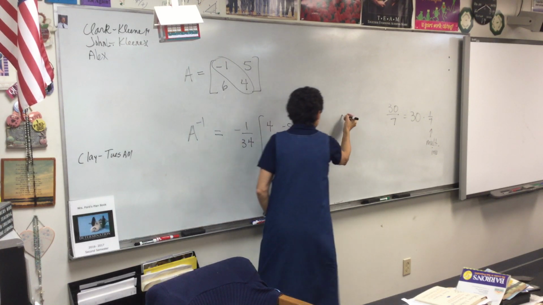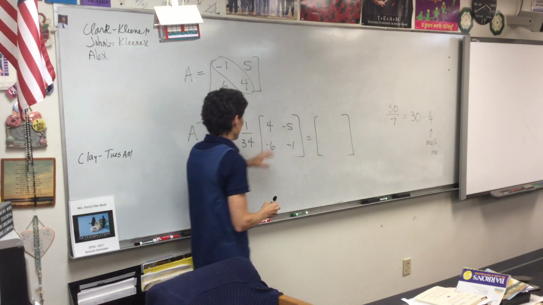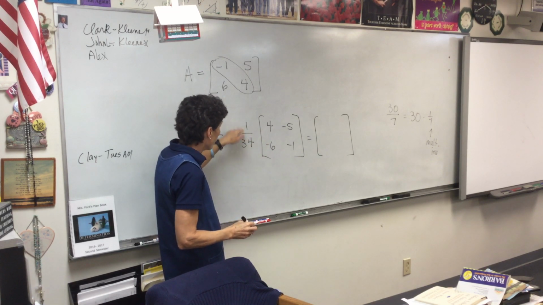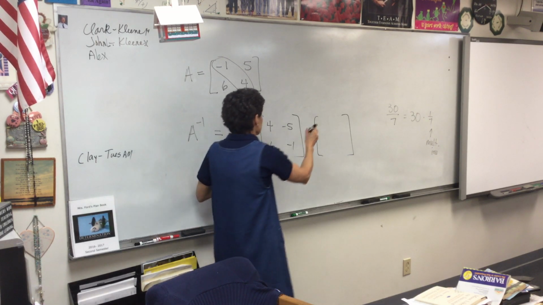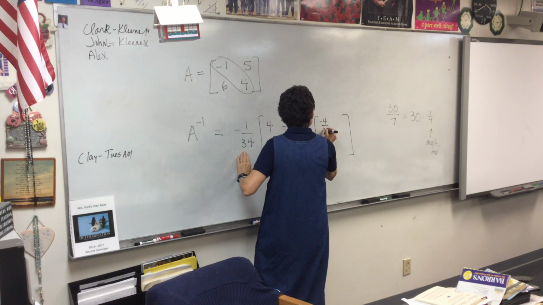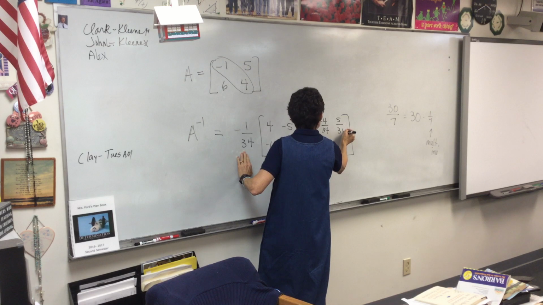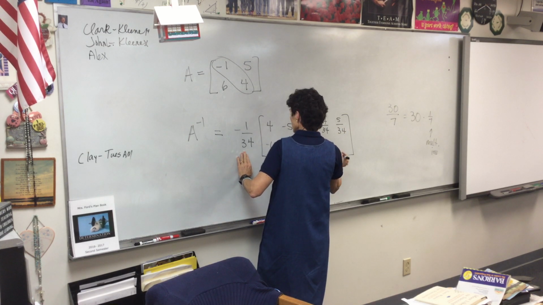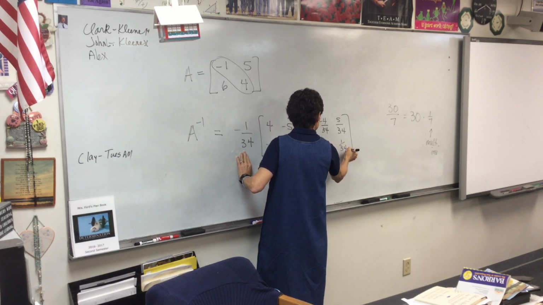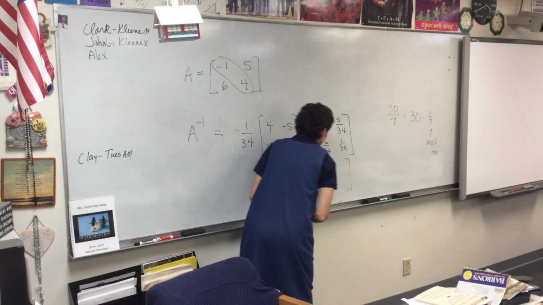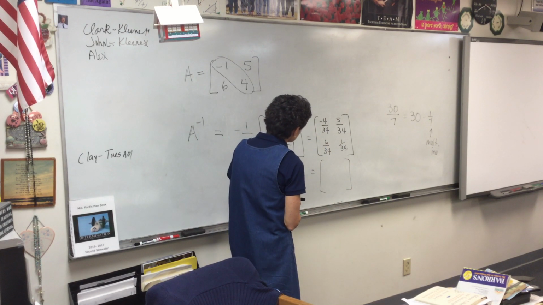Now we're going to multiply through, take all these numbers, times negative 1 over 34. So I'll get negative 4 over 34, positive 5 over 34, 6 over 34, and 1 over 34. And then if anything reduces, I will go ahead and reduce it.